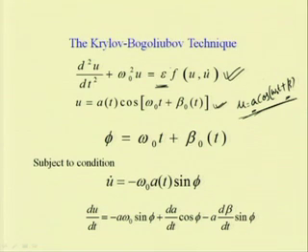So, one can take this omega 0 t plus beta 0 t as phi. So, one can write u equal to a cos phi, where a and beta are functions of time.